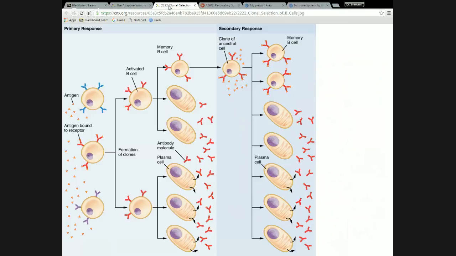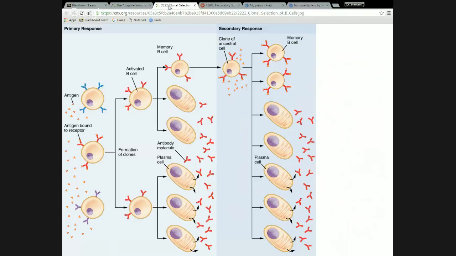But this one cell then divides into clones of itself so that all of them make the red colored antibody, which is the one against this antigen. Most of those cells, as they divide, will become plasma cells, which secrete the red antibody to help fight off whatever this antigen is. But then it also gives rise to a memory B cell.